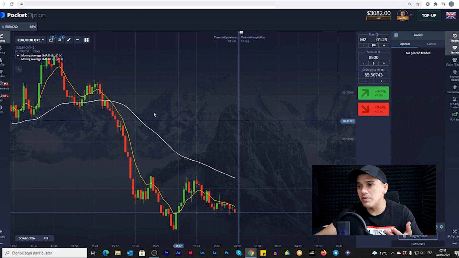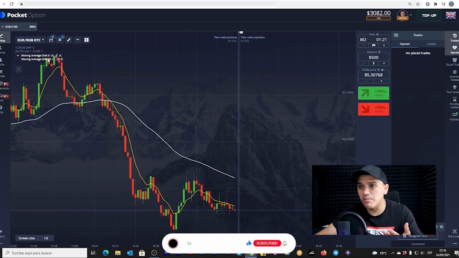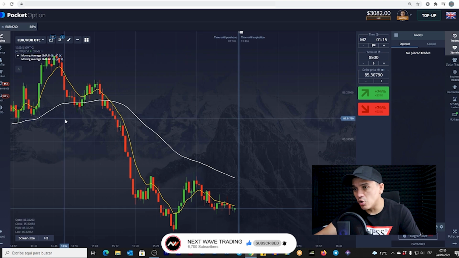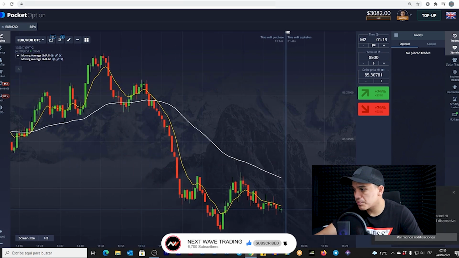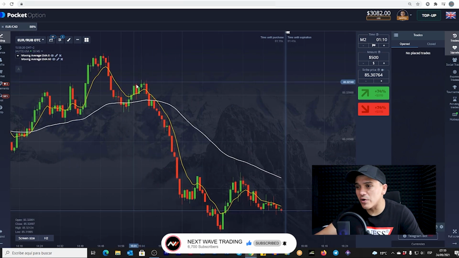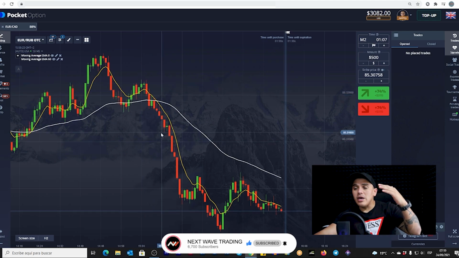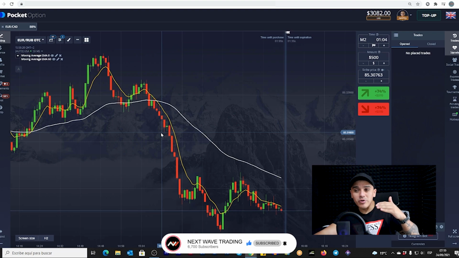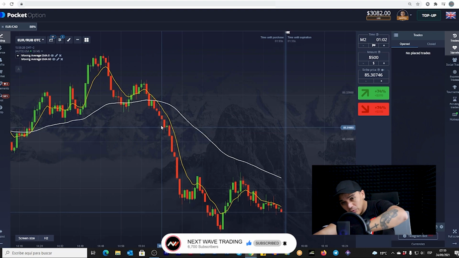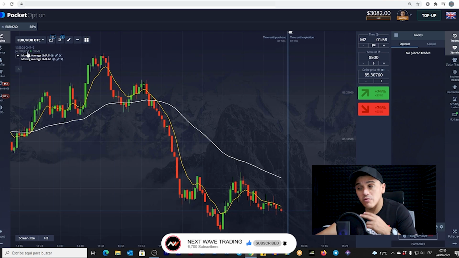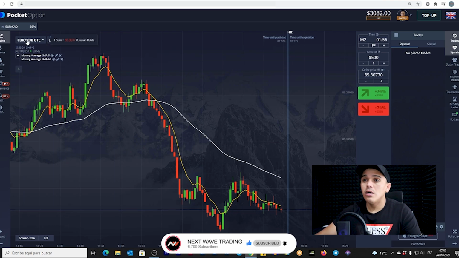Period 8 is going to be yellow, and period 60 is going to be white. So we are going to trade for a put. The moment the yellow moving average is up and the white moving average is below and crosses the yellow moving average going down, we are going to trade for 2 minutes for a put.